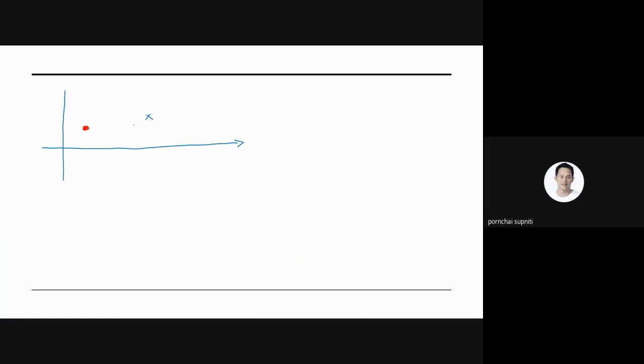So for this one I can write it as x plus, and for the support vector of class 0 I can write it as x minus. If we draw like this, we can draw the boundaries. Let me use this as a boundary, and the boundary is going to be in the middle between this line and this line.